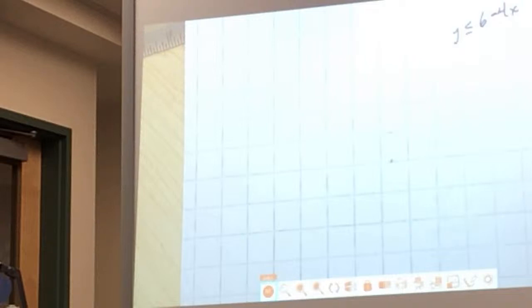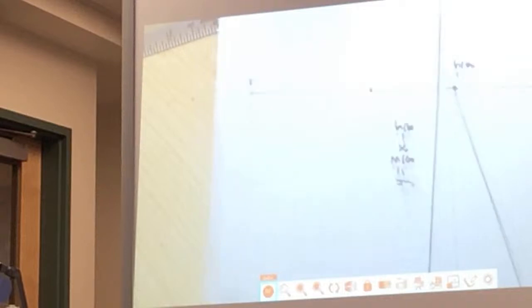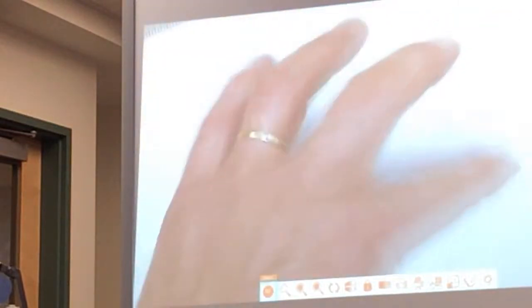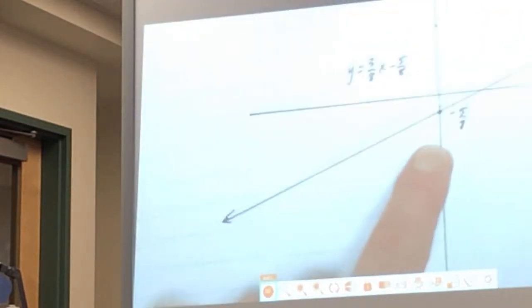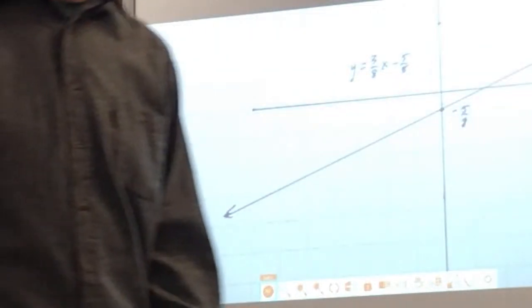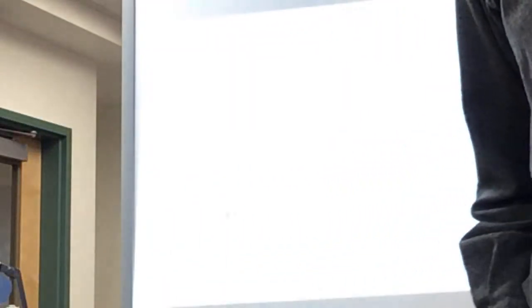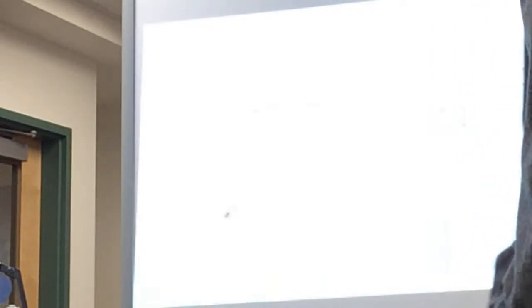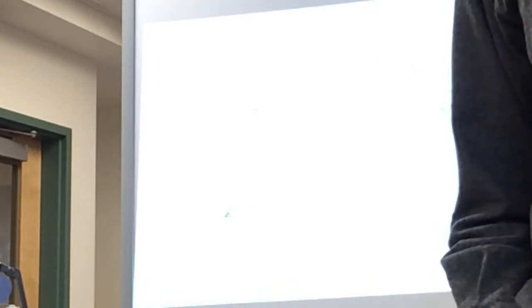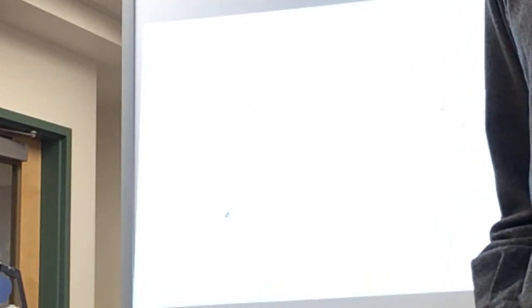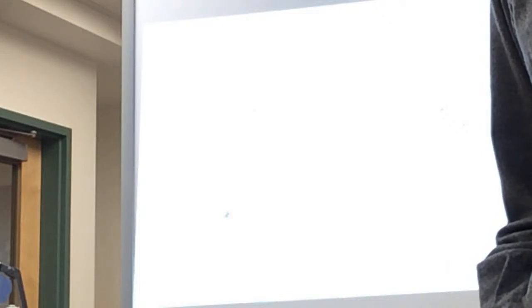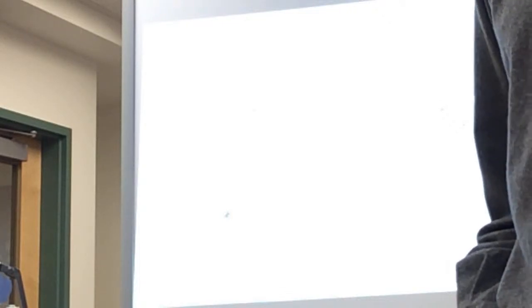So, what did I do with this last one up here? What was the first thing that I did when I graphed this? Got the y-intercept. What was the second thing I did? Find another point using the slope.